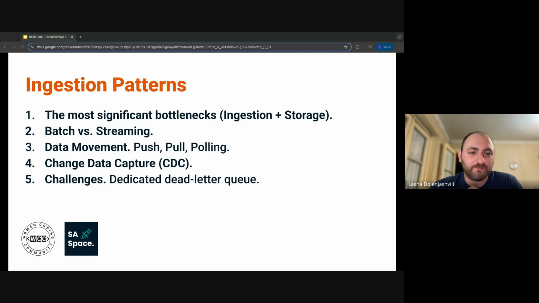One of the key concepts I'd like to define is change data capture, CDC for short. It's a powerful pattern that can be either push or pull. In simple terms, it captures row-level changes from a database log in real time and allows us to stream every insert, update, and delete without putting any extra load on the actual database objects.